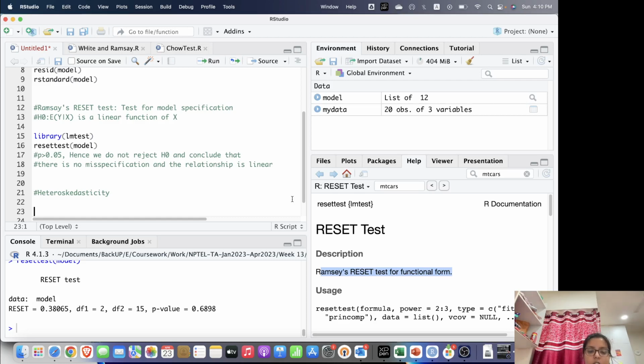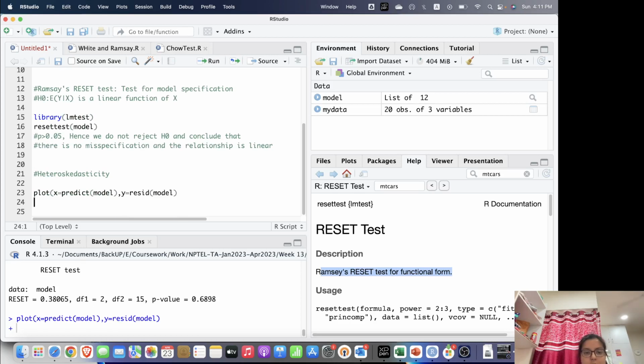If I get a plot of the residuals, resid model, would be my y, and x would be the predicted. As I was saying, for multiple regression we would plot residual versus predicted. So x equal to predict model, y equal to resid model. Let us see. Oh, I missed a bracket here.